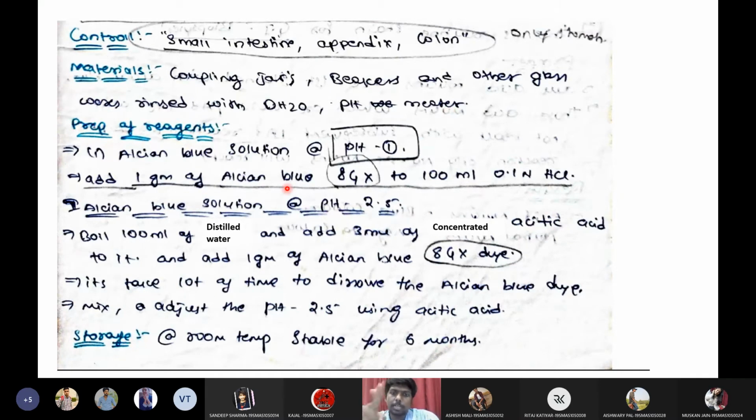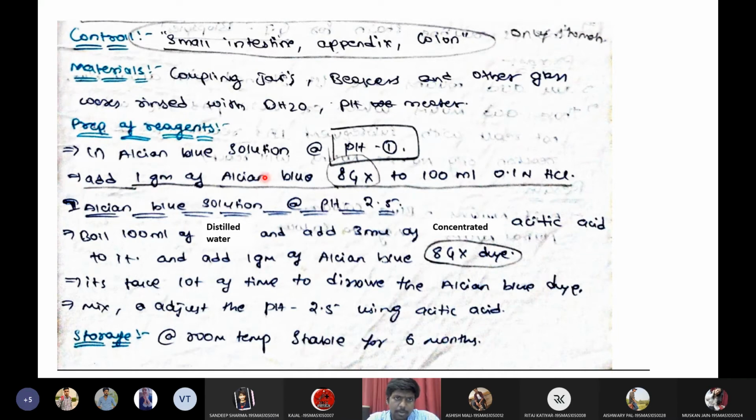So we need to prepare two types of solutions. First solution will have pH 1 for staining sulfated mucopolysaccharides, and second solution will have pH 2.5 to stain the carboxylated mucopolysaccharides. To prepare pH 1 Alcian blue stain, all you need is Alcian blue solution at pH 1.